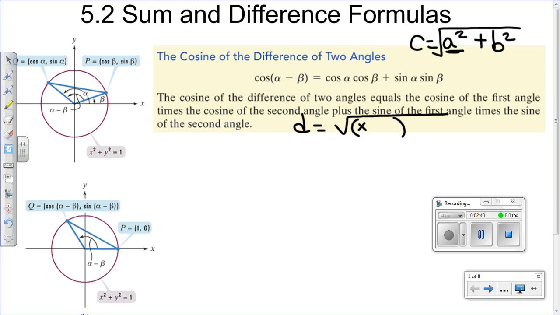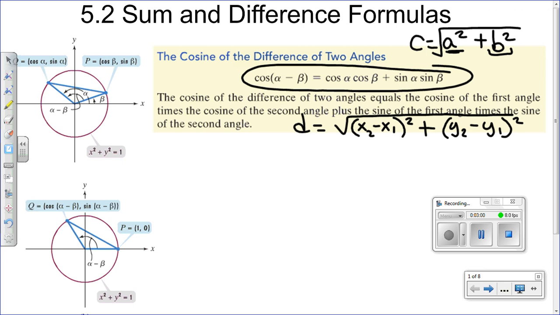You go x sub 2 minus x sub 1, squared, plus, for the vertical distance, the difference y sub 2 minus y sub 1, and then we square it. We're going to use that formula to prove what we have here.